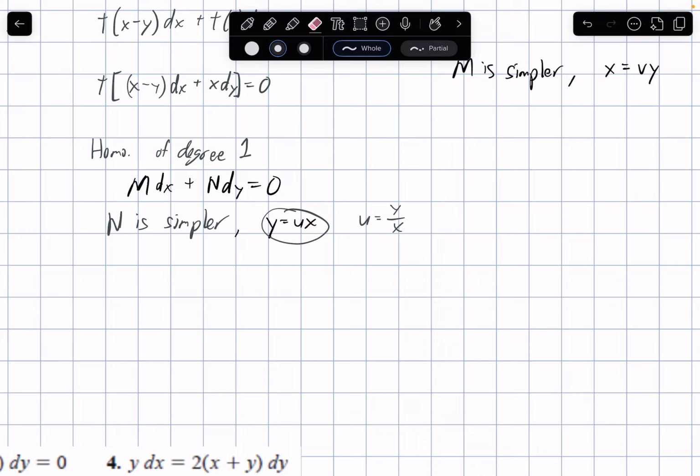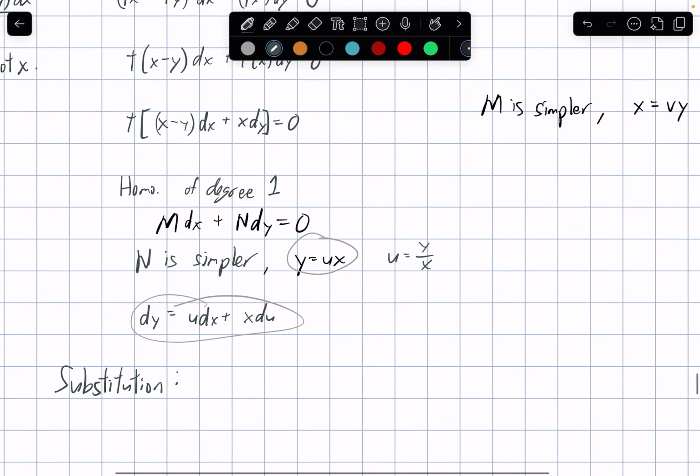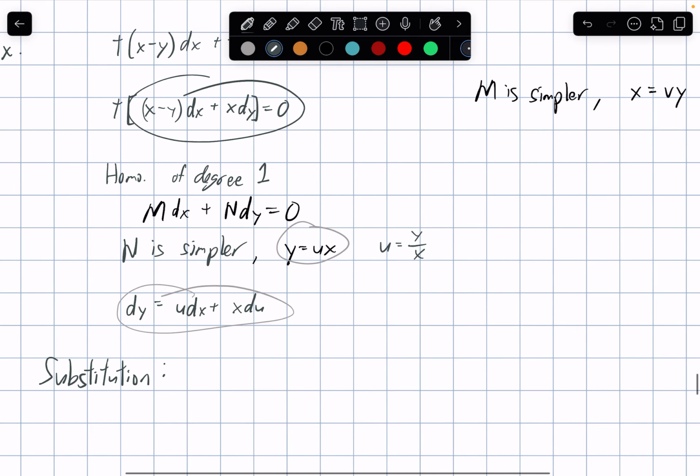And then you find the derivative of y equal to ux. Not quotient rule, product rule. So u dx plus x du. We are going to use these in the substitution process. So again, this is the original differential equation, right?